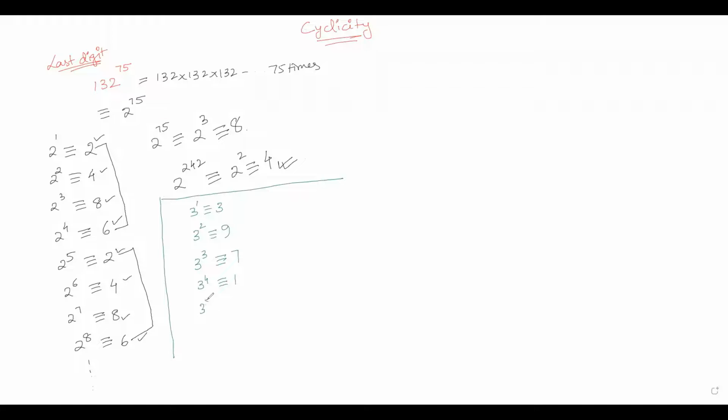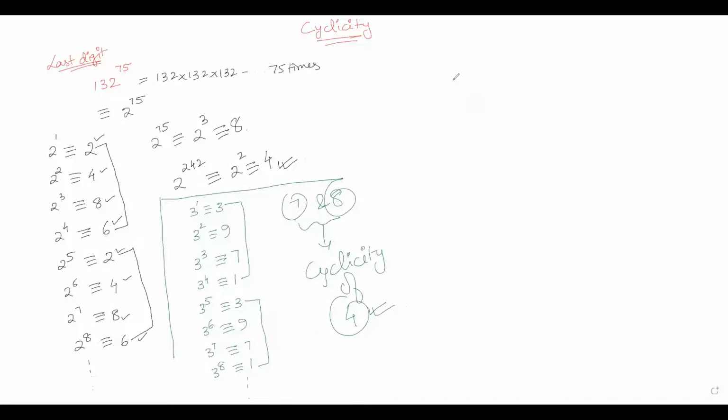Now 3 raised to power 5 will give us a unit digit of 3. 3 raised to power 6 will give us a unit digit of 9. 3 raised to power 7 will give us a unit digit of 7. 3 raised to power 8 will give us a unit digit of 1, and so on. So here also we can see that it follows a cyclicity of 4. In a similar way, higher powers of 7 and 8 also follow a cyclicity of 4.